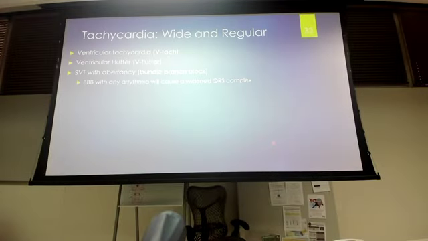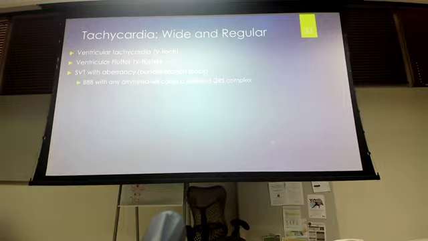So tachycardia: narrow and regular, narrow and irregular. Put those together. Now we're looking at the QRS complex. We know it's tachycardic, and we say, oh, greater than 3 boxes. 3 boxes is a wide complex.